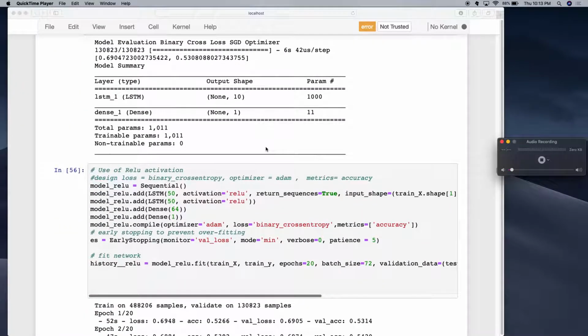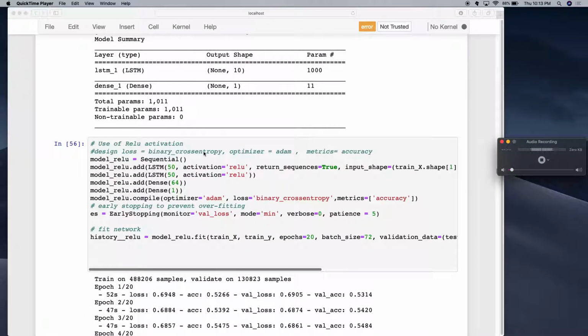The next big thing that was tried was the ReLU activation, and ReLU is the rectified linear unit. The reason why ReLU stands out compared to the hyperbolic tangent or even the sigmoid is because, first, you never are dealing with a vanishing gradient with the ReLU, and on top of that, you can stack the layers and go deeper, which is exactly what deep learning is all about.